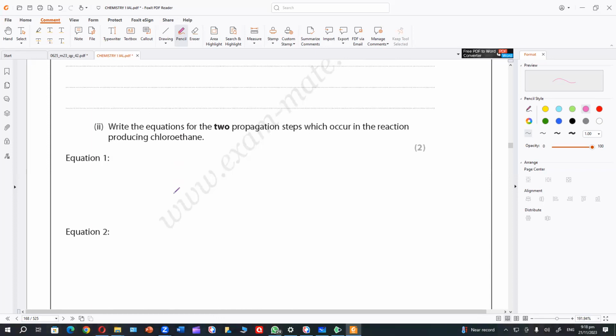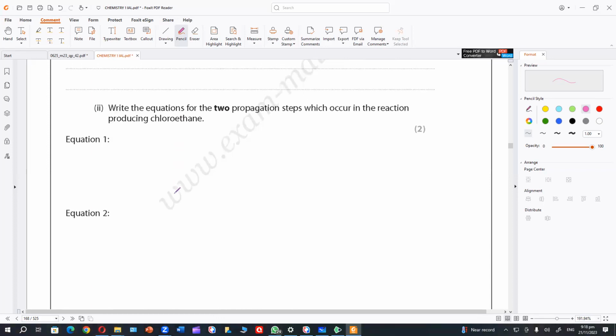Write the equation for the two propagation steps which occur in the reaction producing chloroethane. Can you tell me any idea for this?